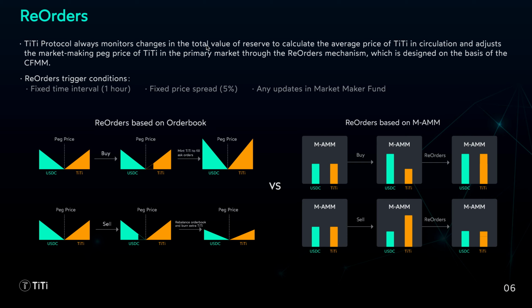Compared with the rebase mechanism and algorithm stablecoins, the reorder mechanism is more elegant. It can effectively ensure that the system is not affected by other TTs in circulation during the process of adjusting the market supply, which will greatly increase the ease of use of the system, and also helps reduce cognitive costs.